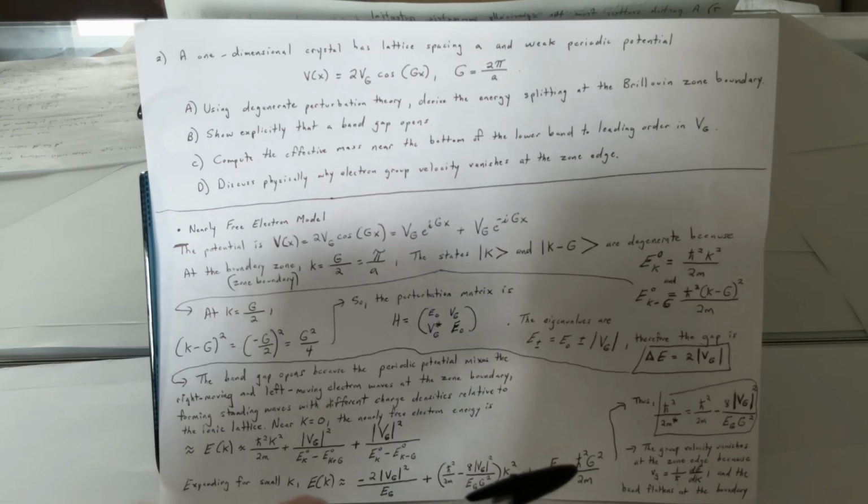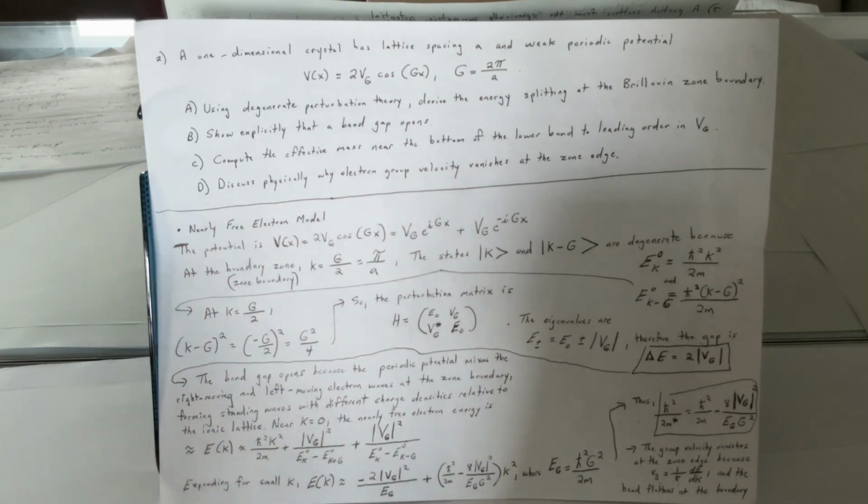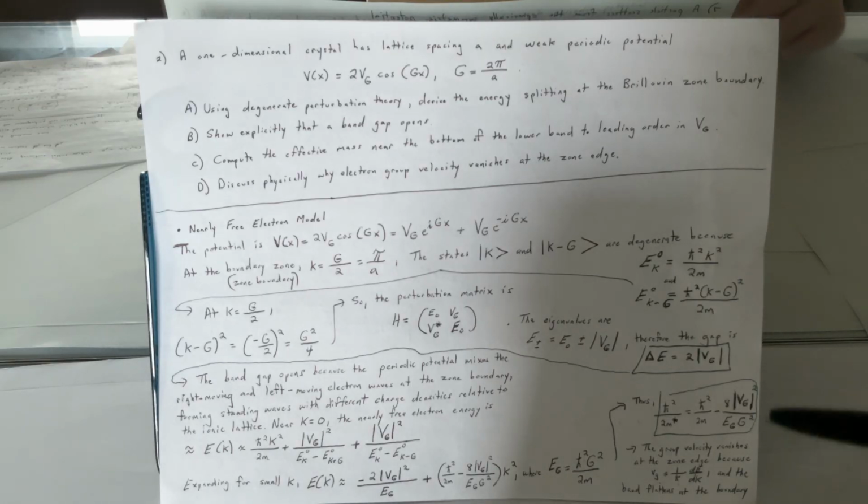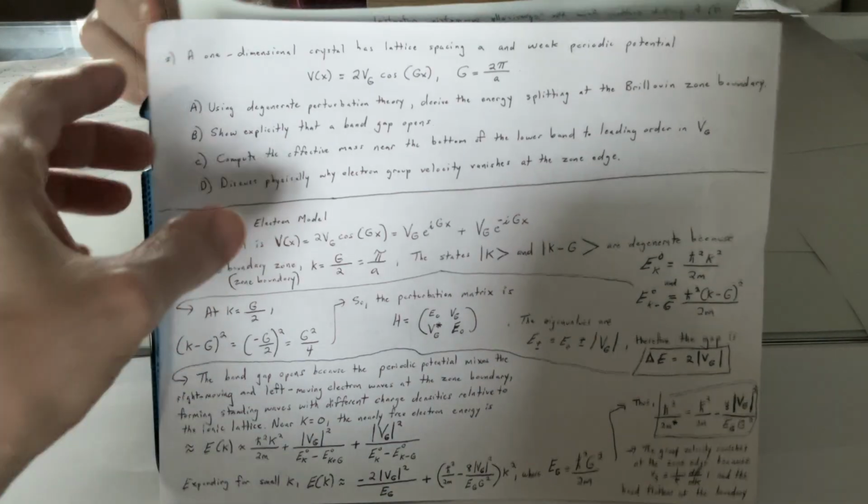E_G equals this, and thus we have ħ²/2m* = ħ²/2m − 8|V_G|²/(E_G G²). And we can say that the group velocity v_G = (1/ħ) dE/dk vanishes at the zone edge because the band flattens at the boundary. Okay, so moving forward to number 3.